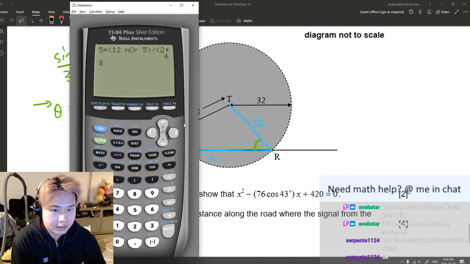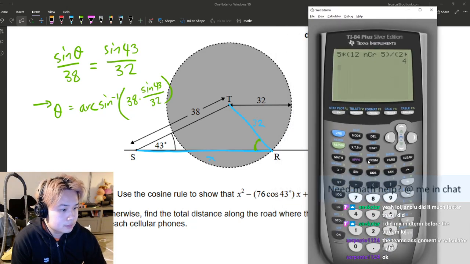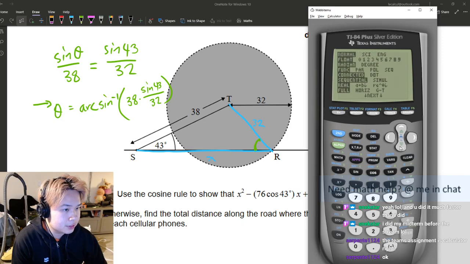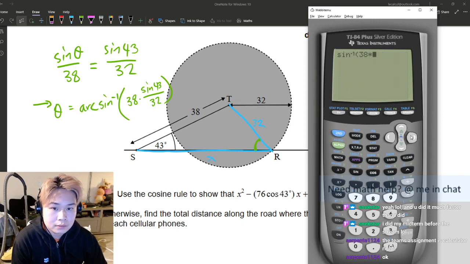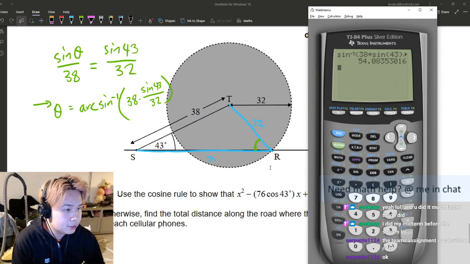So we can do that in a calculator. Well, first let's make sure I'm in degree mode. Okay, so this angle is 54.1.